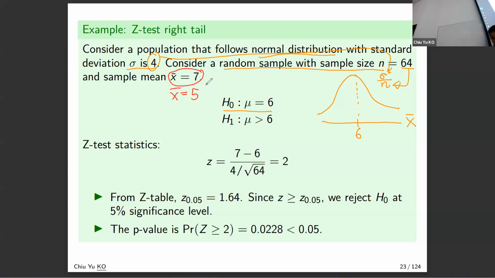So now 7 is here. The question is, do we think it's far away enough? Is 6 to 7, a difference of 1, big enough? The question again is, what is big enough? The main idea is we always specify how large this is in terms of the probability on the right here.